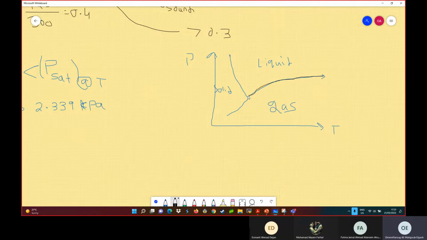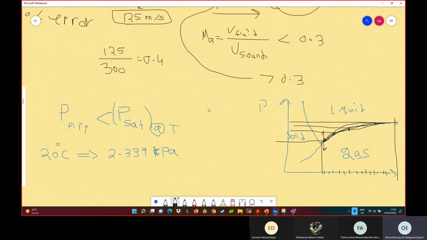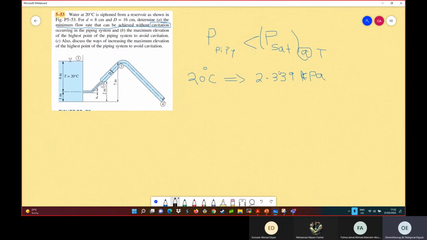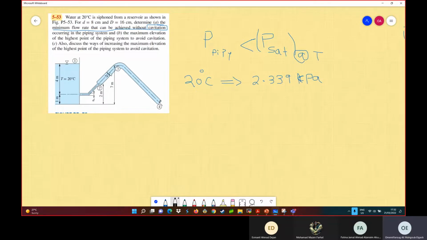At given values of the temperature, from this point until here, we have corresponding values of the pressure, which are the saturation pressure. Here in the pipe, we are in the liquid region. Whenever the pressure suddenly drops below that pressure, then cavitation will occur. We'll have the gaseous phase. This is simply cavitation.